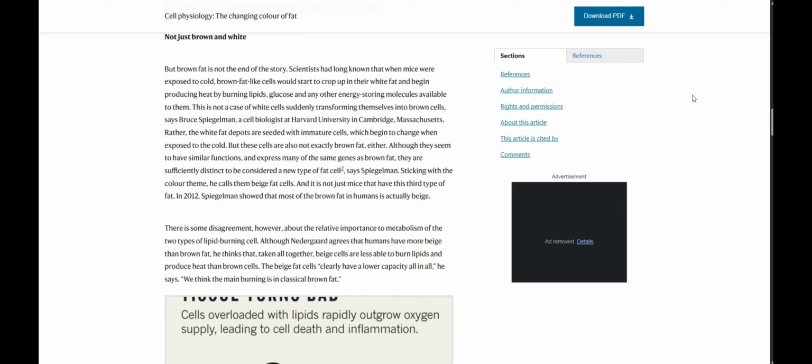But these cells are also not exactly brown fat either. Although they seem to have similar functions and express many of the same genes as brown fat, they are sufficiently distinct to be considered a new type of fat cell, says Spiegelman. Sticking with the color theme, he calls them beige fat cells. And it is not just mice that have this third type of fat. In 2012, Spiegelman showed that most of brown fat in humans is actually beige.